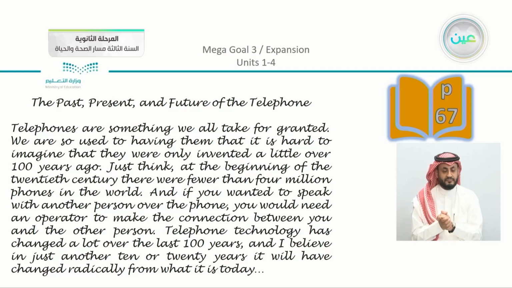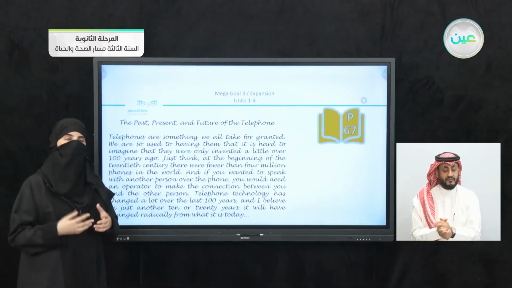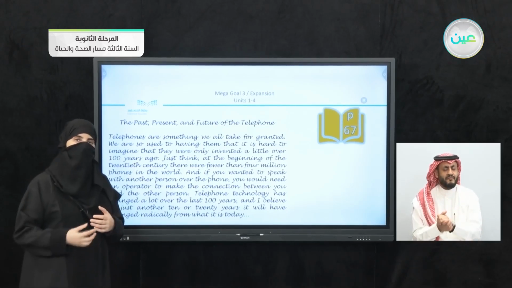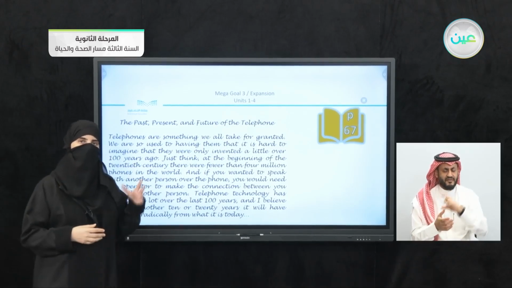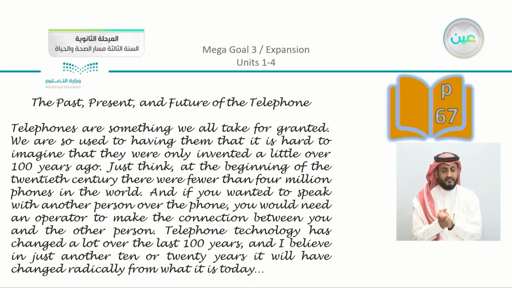Now, they did write an example for you here, just to give an idea of what they mean when they say choose a device or technology. Here's a short paragraph in the book, so let's just read it together. The past, present, and future of the telephone. Telephones are something we all take for granted.